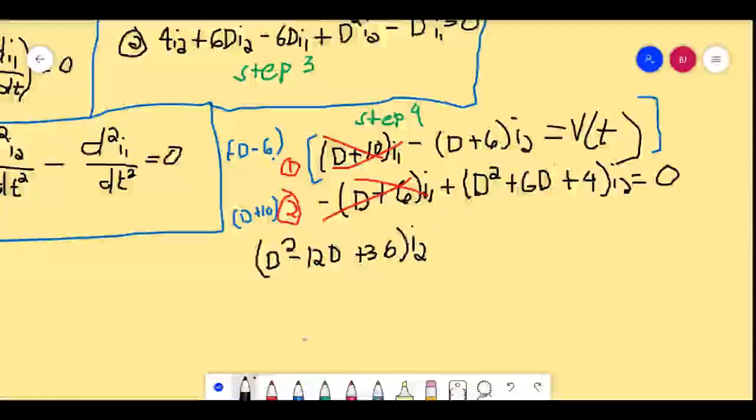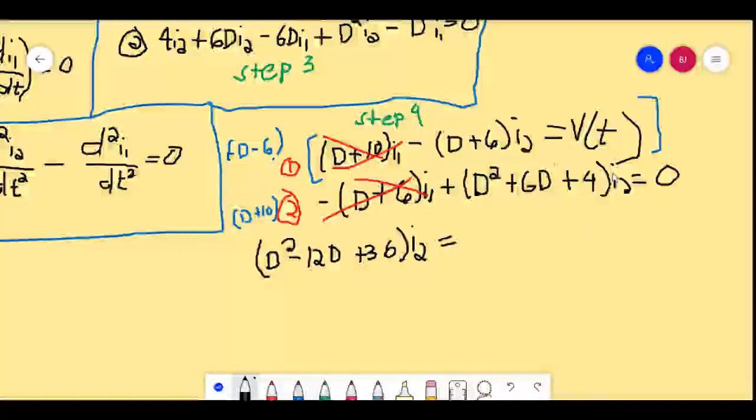Multiplied by I2. Again, to make it clear, I just distributed negative d plus 6, negative 1. So this would be minus d minus 6. So it became minus d minus 6 here. And this one I distributed as well. That's why I multiplied negative d minus 6 to negative d minus 6, which is a square. So that would be d squared plus 36 and negative 12d.